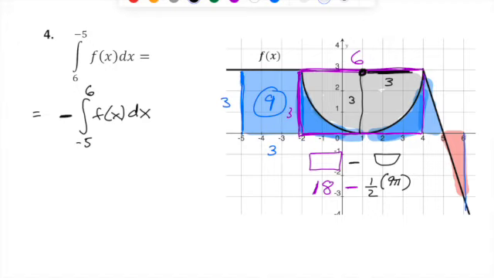And then you've got a little interesting thing that happens here. You've got this little sliver of a triangle between 4 and 5. If you want to find its area, it has a height of 3 and a base of 1, so that is 1/2 of 3 times 1, which is 3 halves. But sometimes you'll find this kind of happens, and it's kind of nice.